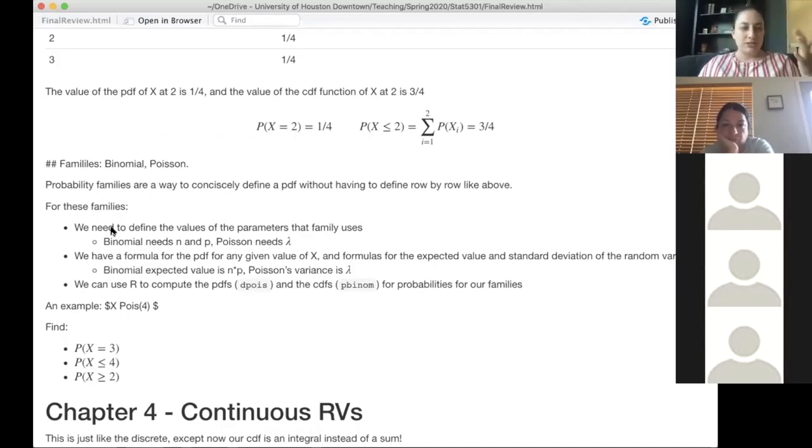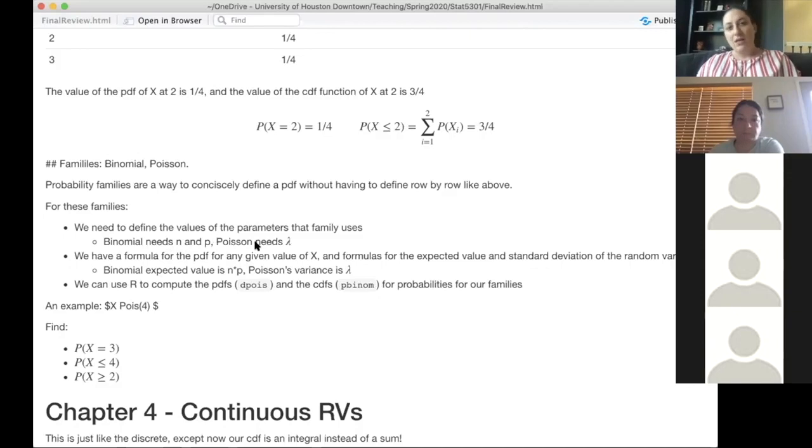I didn't put the functions in the document, but essentially all you need is these parameters, and that tells you what the whole PDF is, what the probability is of all of these different values. So all the families have different parameters that they use. Binomial has an N and a P. A Poisson has a lambda. And then from that, we have our formula.